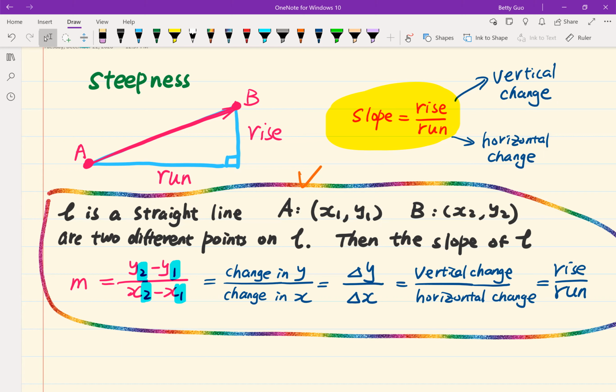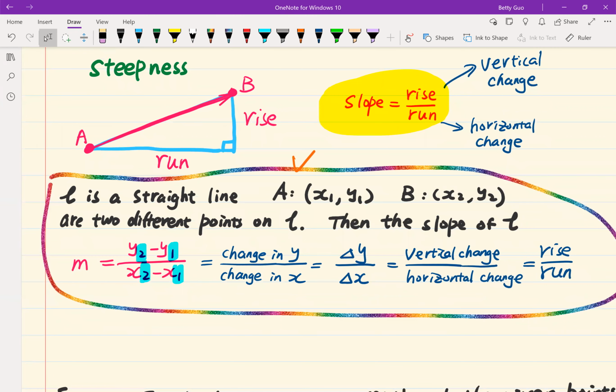Then the slope of the line L, which is m, equals y2 minus y1 all over x2 minus x1. So this formula is gonna stay on the board. The formula gives us a way to compute the value for the slope of a line if we know two different points on the line.